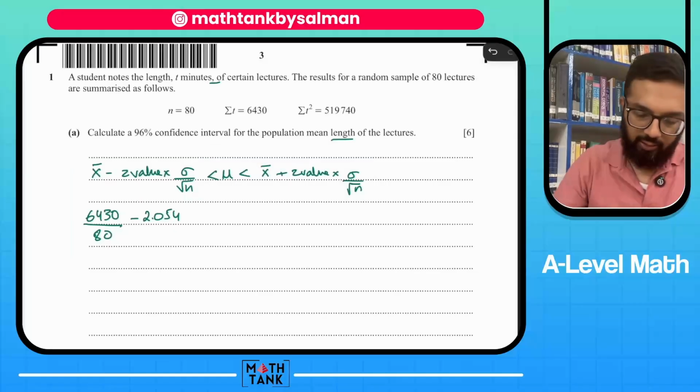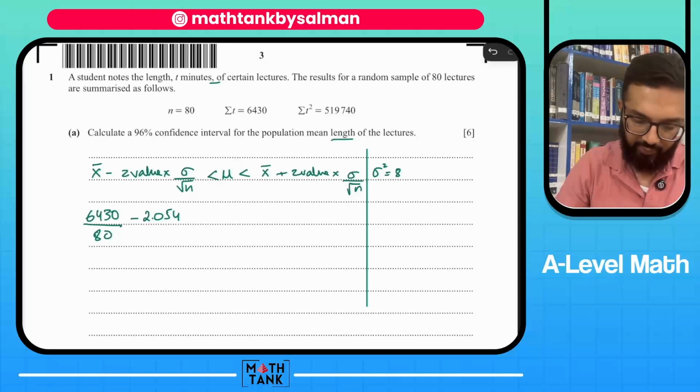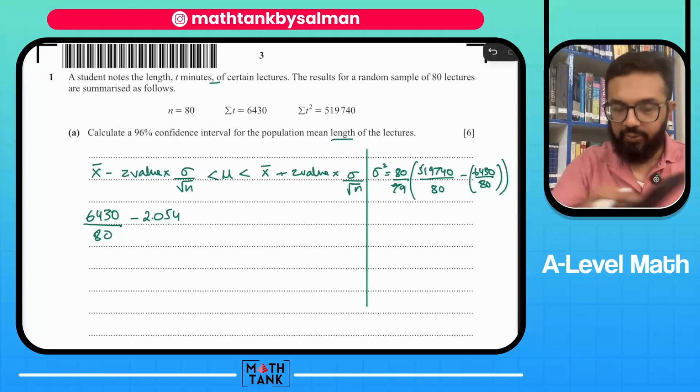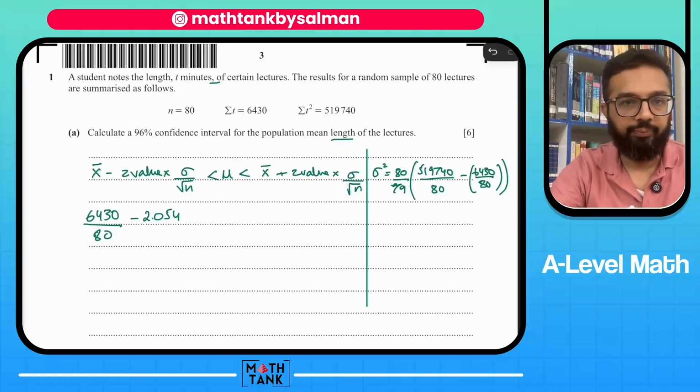So sigma square is n over n minus 1, so that's 80 over 79, and then the formula: 519740 divided by 80 minus the mean square, which is 6430 over 80. Let's calculate that.